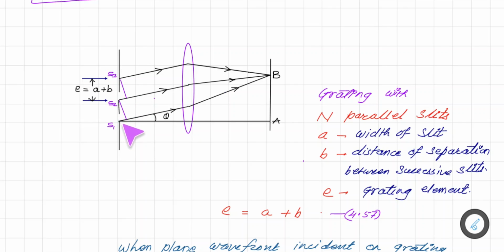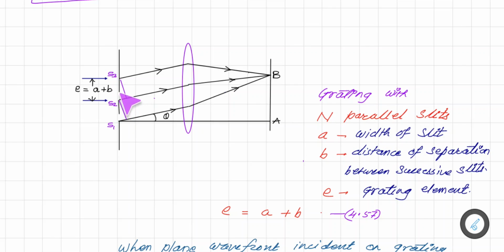So here a number of slits are there, say S1, S2, S3, N number of slits, where capital N stands for the number of slits which we are going to consider. A is the width of slit.